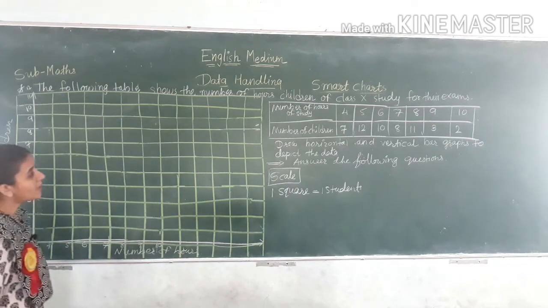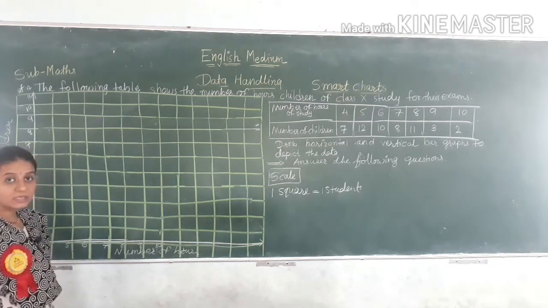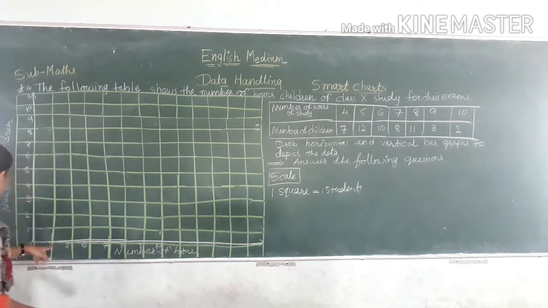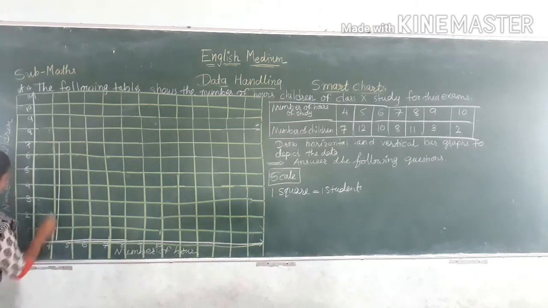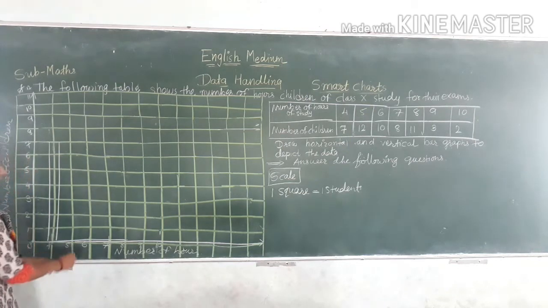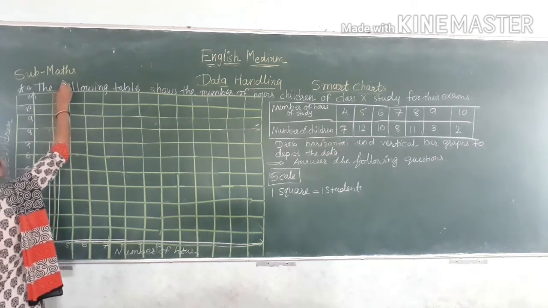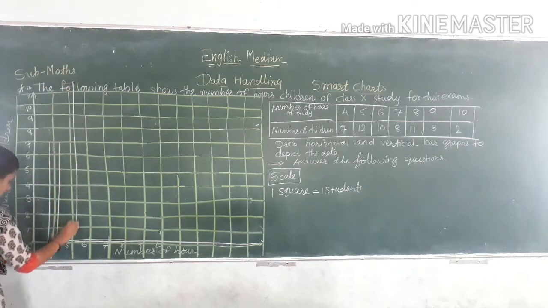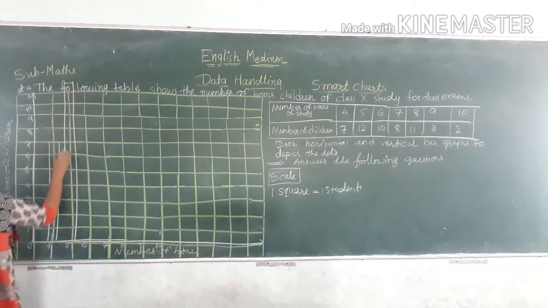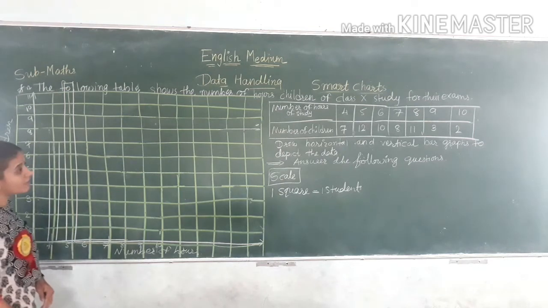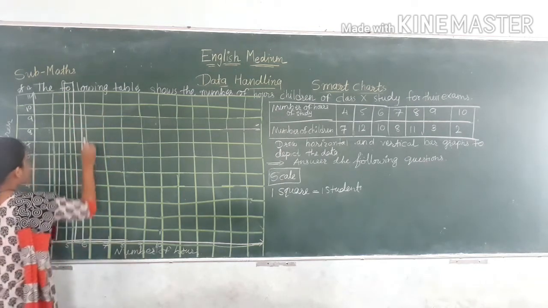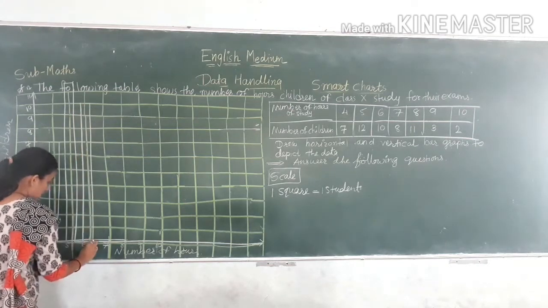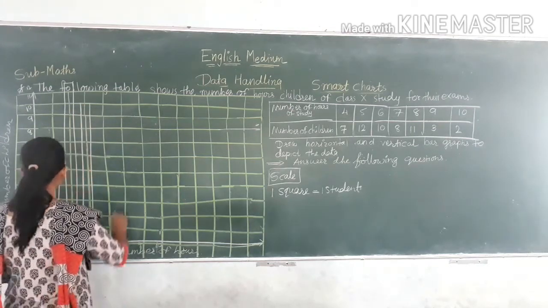How many students study 4 hours? 7 students study 4 hours. Then 5 hours, 12 students. Then 6 hours, 10 students. 7 hours, 8 students.